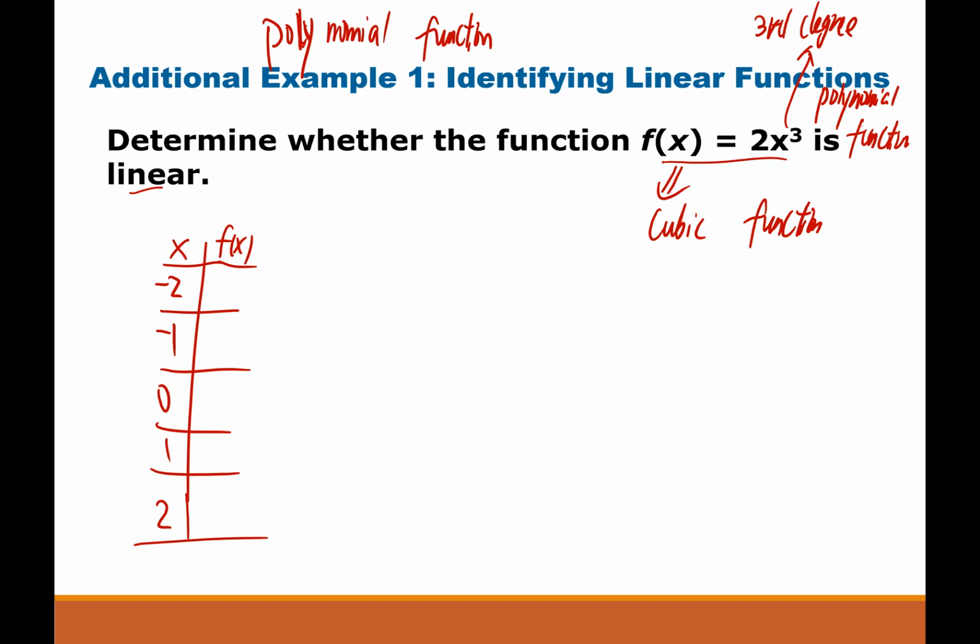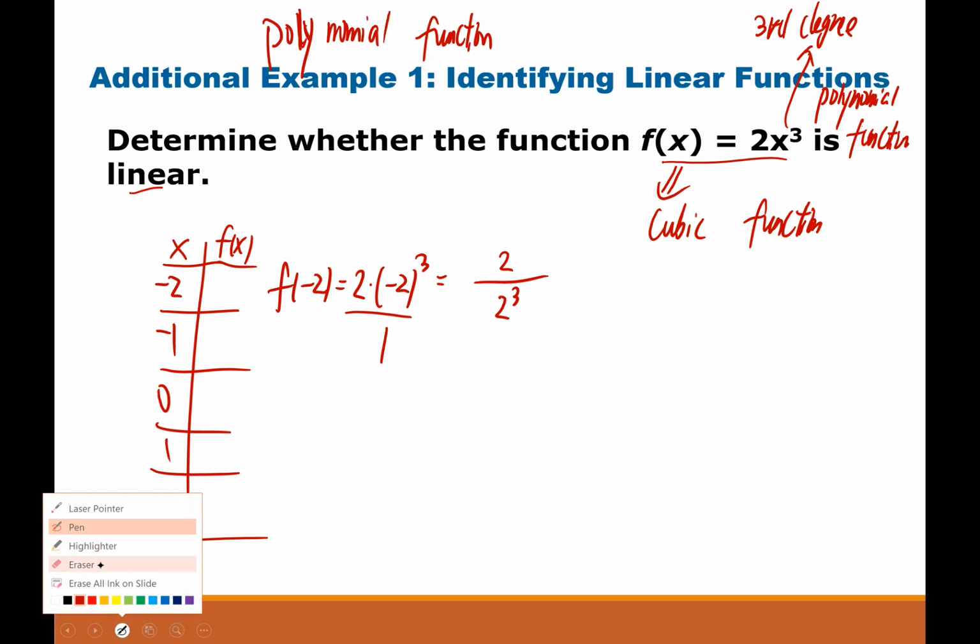First of all, f of -2 becomes 2 times -2 to the third power.